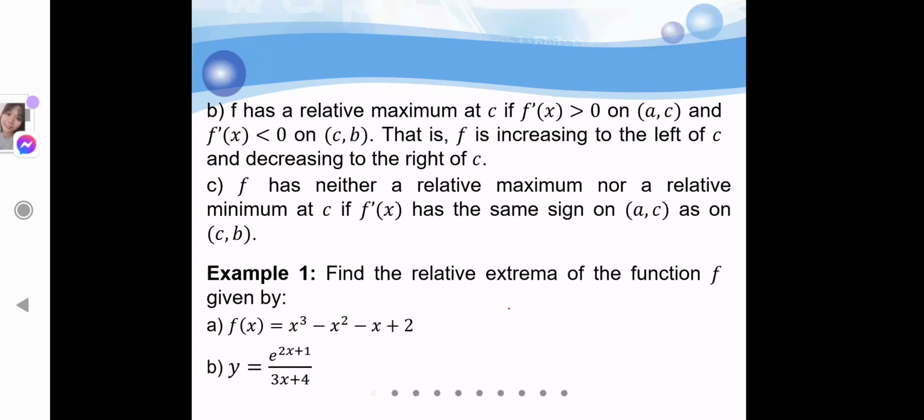Nguyễn Hải Yến, do you hear me? I'm here. Now can you talk to me? How to solve the question A?